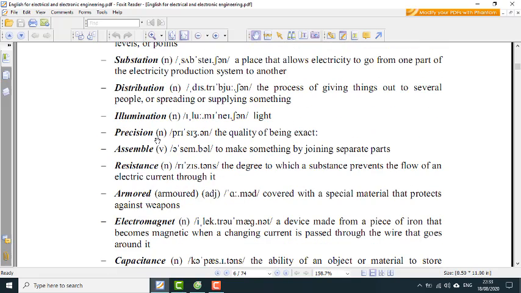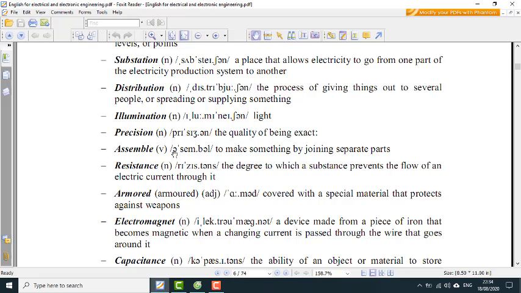Assemble. Assemble means to make something by joining separate parts. Resistance. Resistance means the degree to which a substance prevents the flow of an electric current through it. Armored.